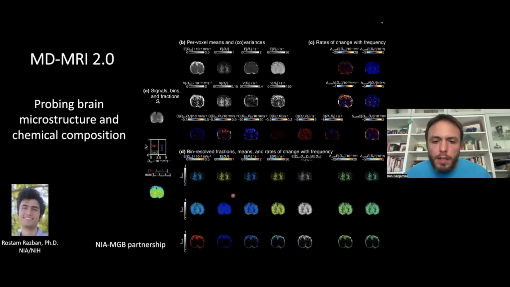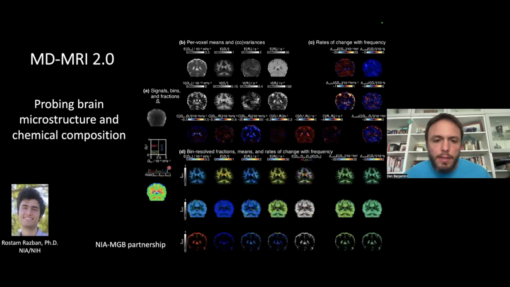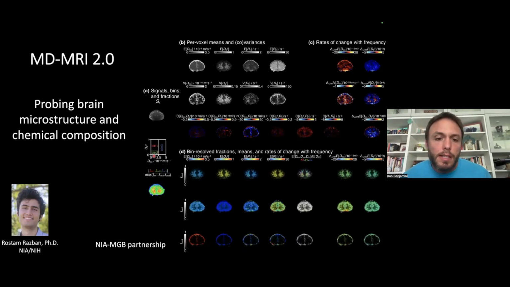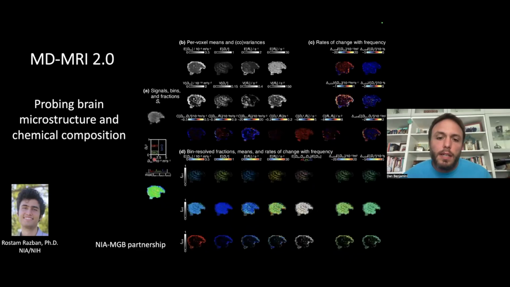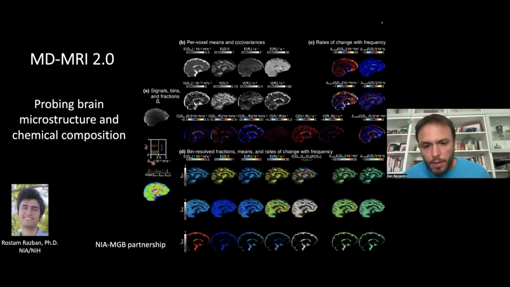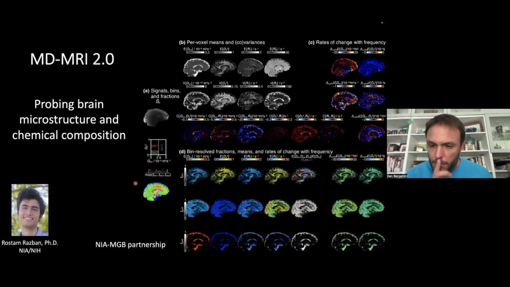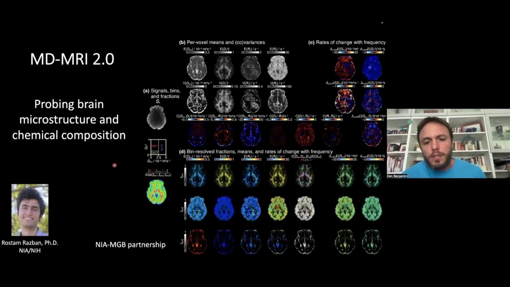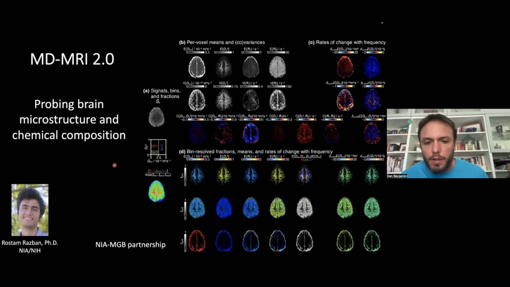At the bottom here, we can also separate components, contributions based on their size and anisotropy, similar to what the Sandi or NODDI are providing us. So these are all similar information. And of course, these are just a few examples of parameters we can derive.